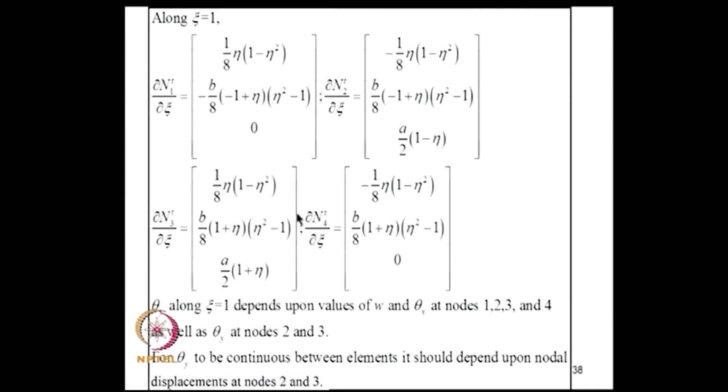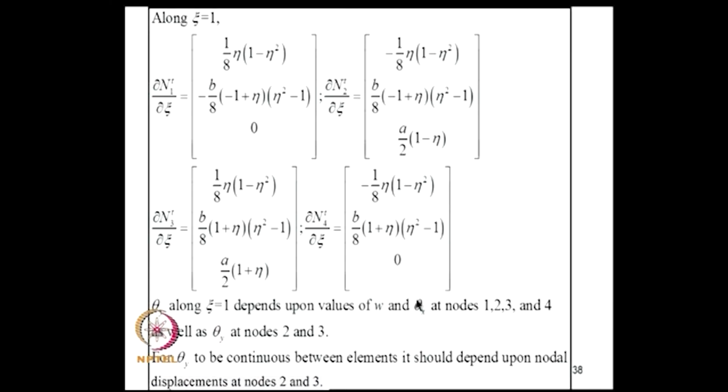If you carefully examine these expressions and look at theta y along xi equal to 1, it turns out that its value depends upon w and theta x at nodes 1, 2, 3 and 4, in addition to of course values of theta y at nodes 2 and 3. That means it is influenced by w and theta x also.